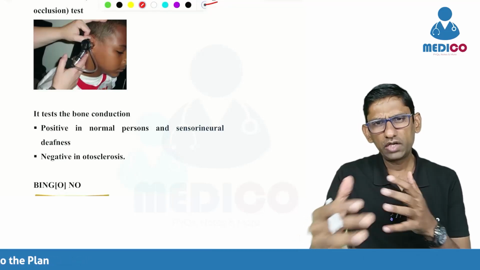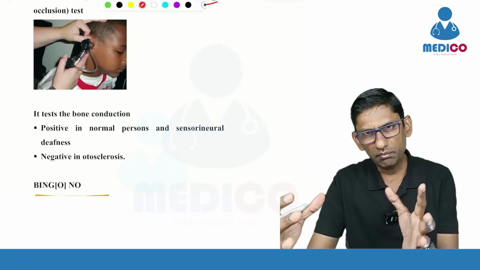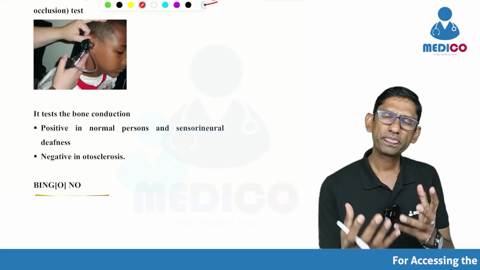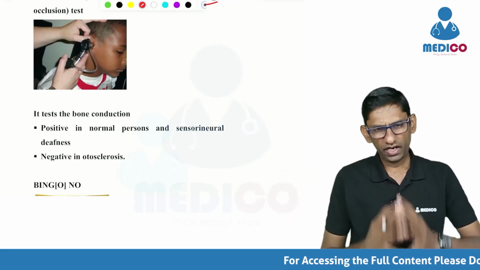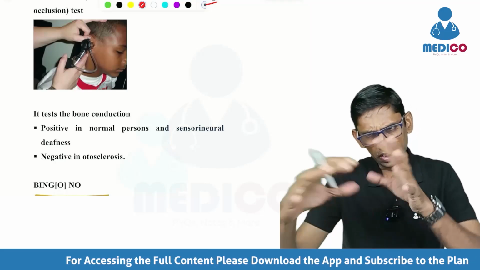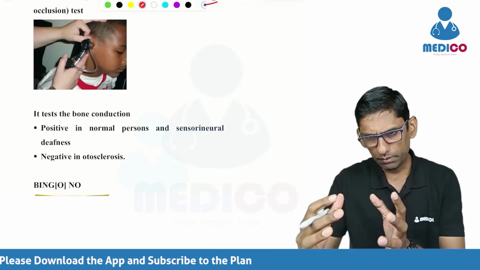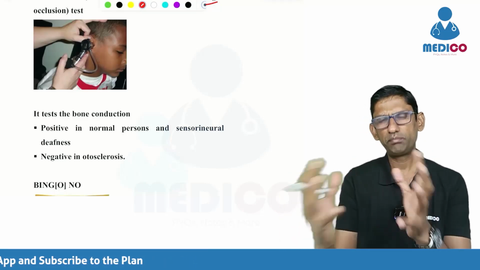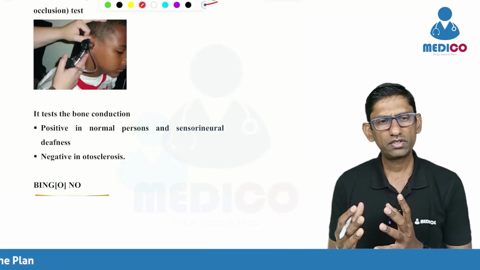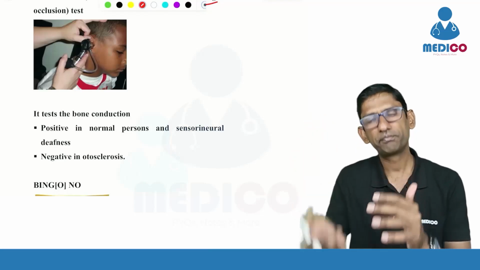On doing this alternately in the external canal, it is jamming the ossicles, releasing the ossicles, jamming the ossicles and releasing the ossicles. So whenever the patient has normal hearing or a sensorineural hearing loss, the conductive apparatus is normal in those patients. You are jamming and releasing this tympano-ossicular system, and hence the patient will hear the sound with high intensity and low intensity alternately.